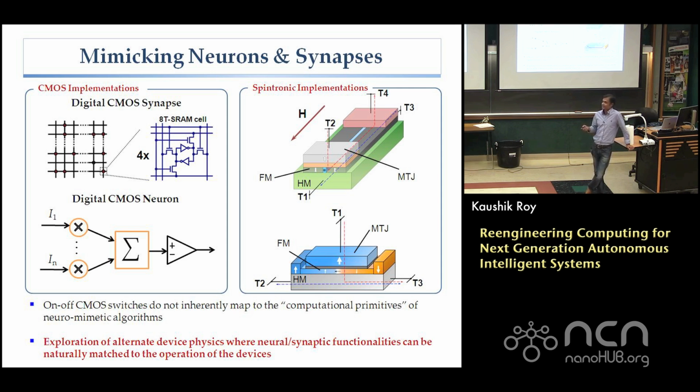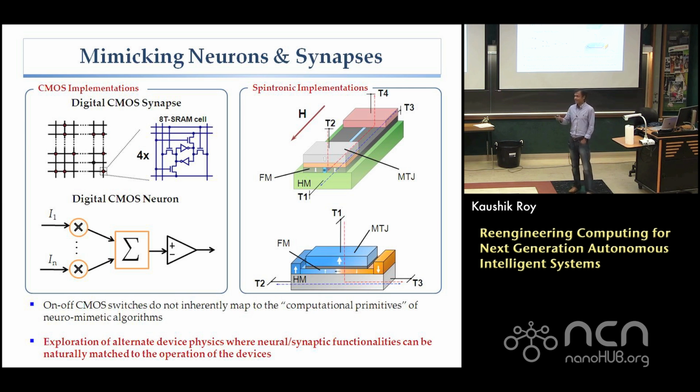Now, a few other things. I keep saying that there are inefficiencies. So where are these inefficiencies coming from? Those of you who have taken some courses in electrical engineering know of transistors. So how many of you know what transistors do?